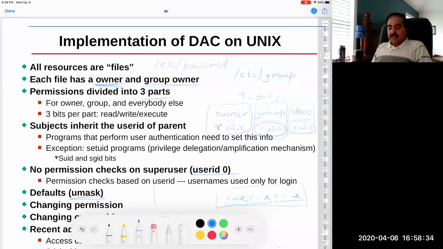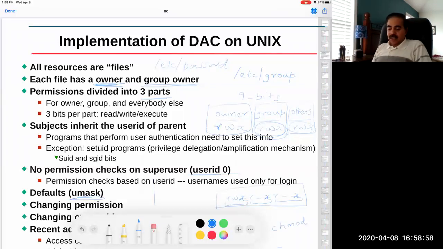Once these permissions are set, you can go back later on and change these permissions. So who is this you? The owner of a file can change the permission on the file, and that's done using this command called chmod, right?